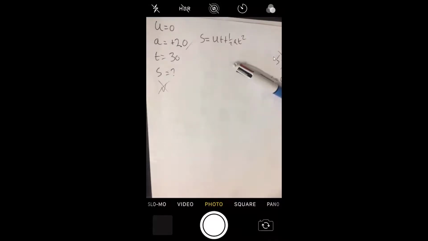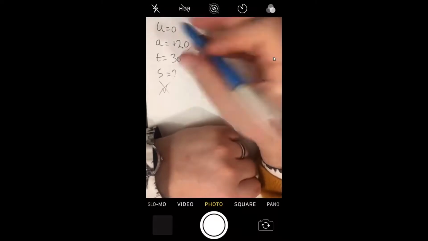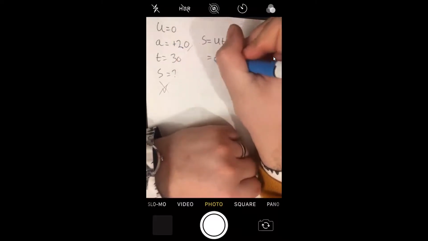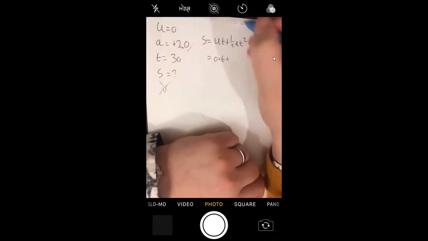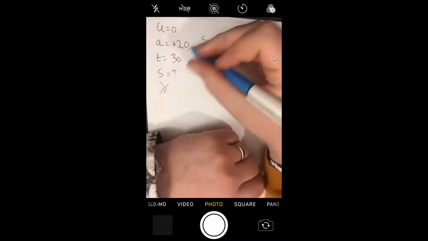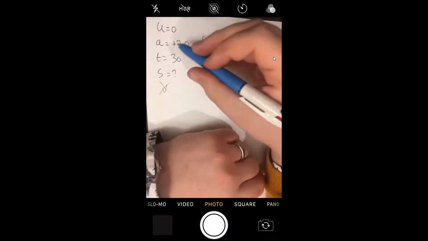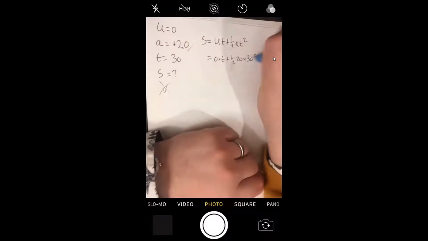This is perfect. I can just plug the values in. The values being u, which is 0, times t, plus half times 20 times, in this case, t, which is 30, squared.